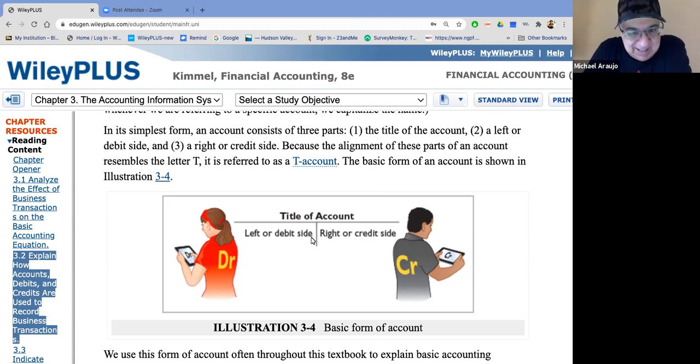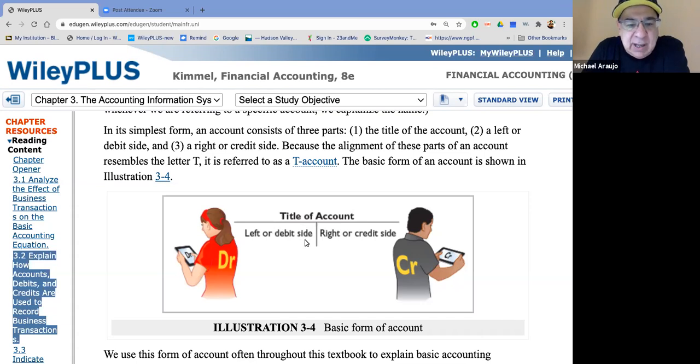Okay. Now, with that said, we have to understand that accounts like assets, cash, for example, cash would be a title of an account. Asset accounts increase on the left side or the debit side. So every time we say we have more cash, that means in accounting, we would say we're going to be debiting cash for the amount of money that we just received. A debit to cash is on the left side of the cash account, which is the side that it increases.